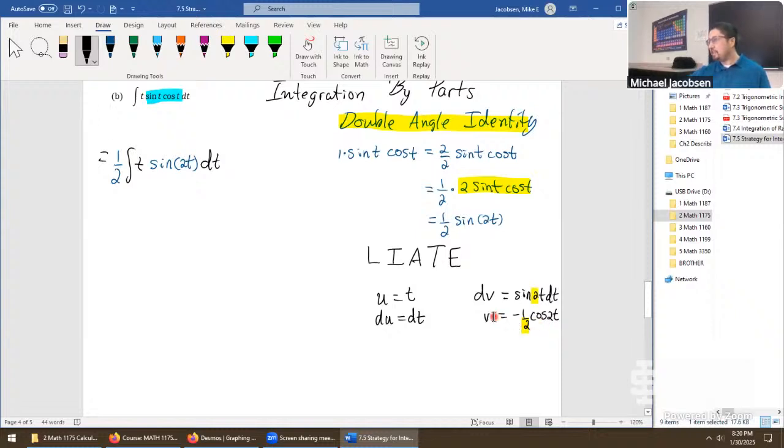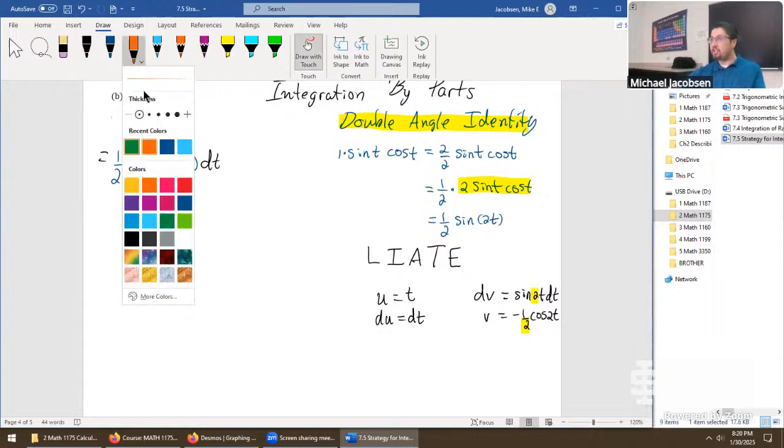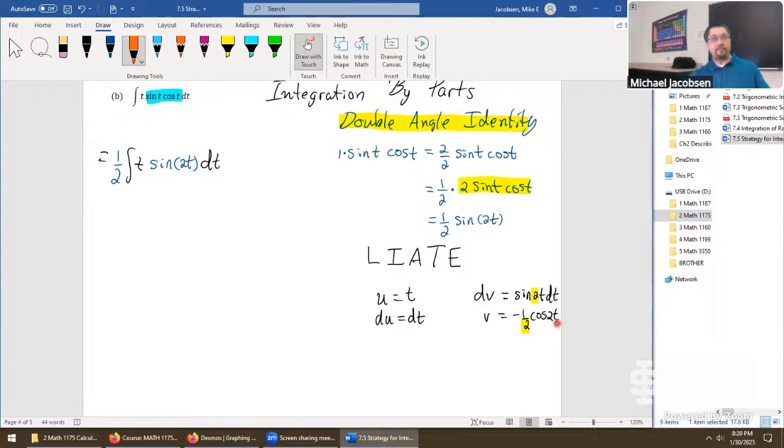And again, all you're doing with v is integrating the dv portion. And it's not a bad check each time you do this. If you have v set down here, imagine differentiating it. -1/2 cosine 2t prime would become, if we carefully differentiate this, a -1/2 as a constant carrying in, the derivative of cosine is a negative sine 2t.